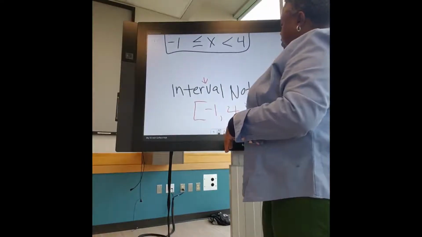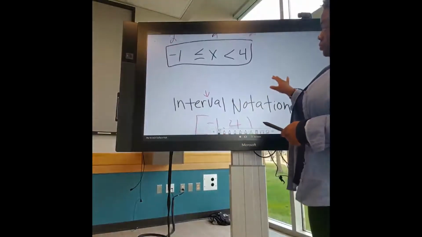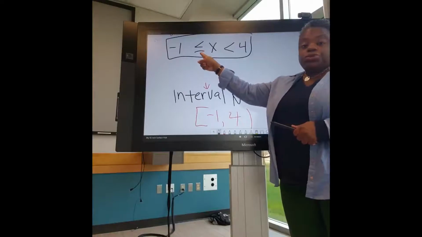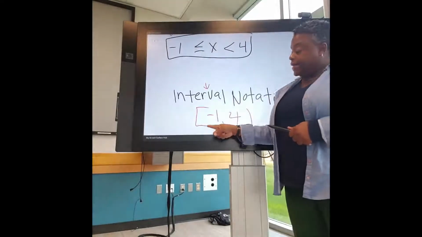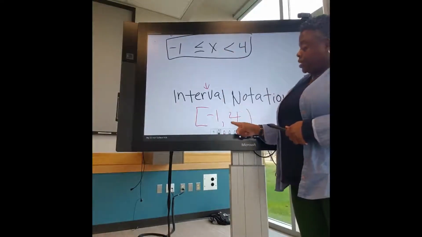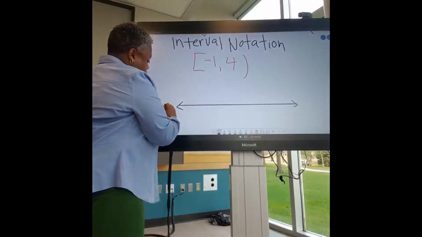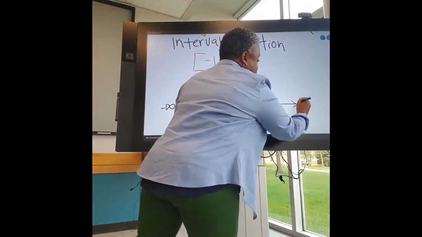Now if I wanted to write this in interval notation, whenever I have a less than or equal to or greater than or equal to, I use a bracket. So I put bracket -1, and then I have a 4. And if I wanted to graph it on the number line, I always write negative infinity. That's just a habit that I have.